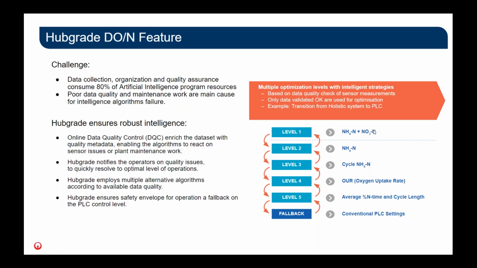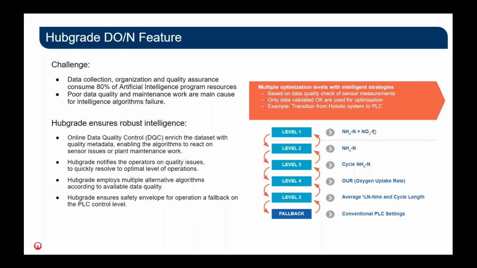If that is not considered to be quality data, then it will fall back and it will utilize oxygen uptake rate information that it has from the DO readings that it's had over time. It will fall back from there to average percent nitrification or aerobic time and how long those cycles are. So there's a series of algorithms that will make the best utilization of the information that is considered quality at that time and utilize that to optimize the system.